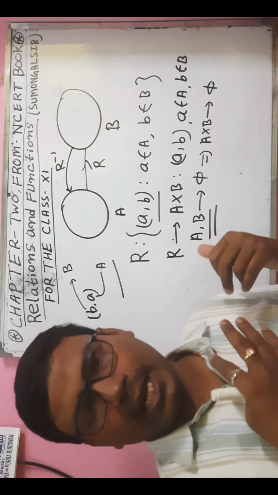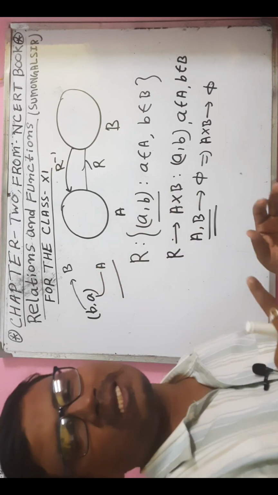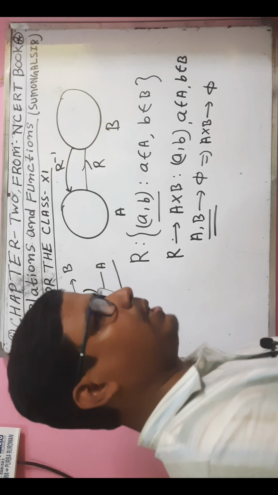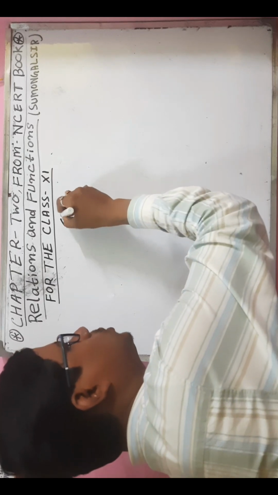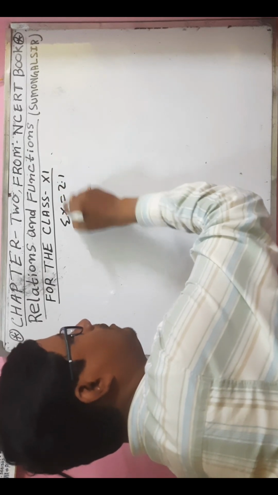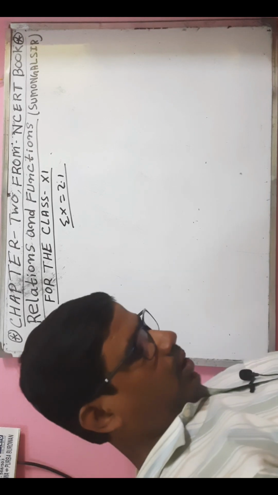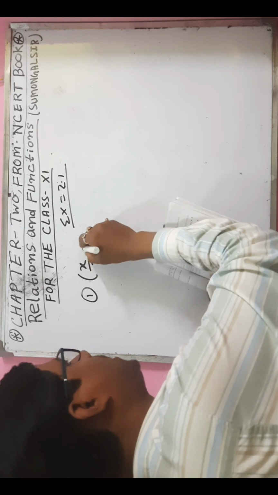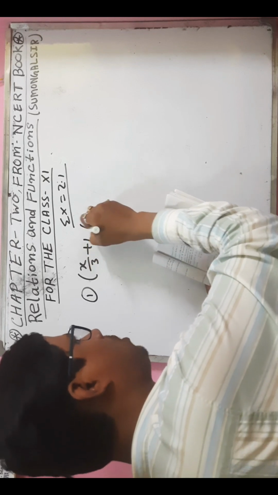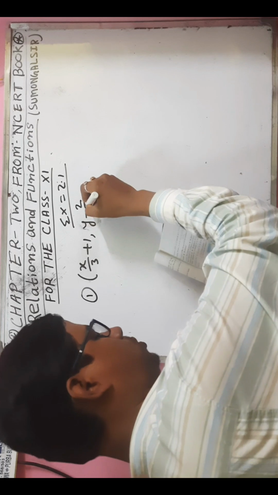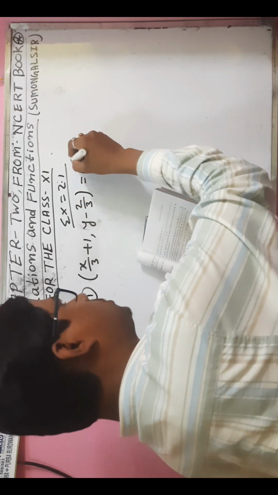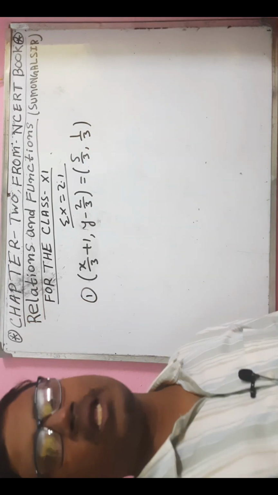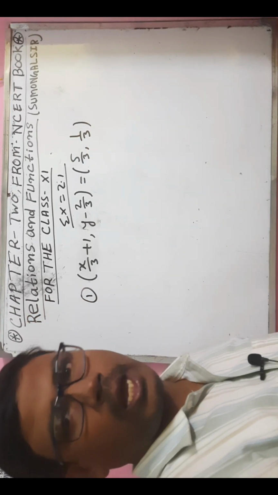Now we move to the exercise section of this chapter, the Relation and Function chapter. Exercise 2.1 from the NCERT book. The first question: if (x/3 + 1, y - 2/3) = (5/3, 1/3), then find the values of x and y.